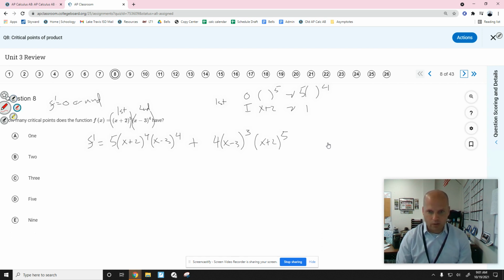To solve this equal to 0, we should factor, okay? We don't like sums, we like factoring things. Though I can just see 3 and negative 2, let's just make sure. Maybe there's another one. So I'm going to write this as 5 a to the fourth, b to the fourth, and this is 4b cubed, a to the fifth.